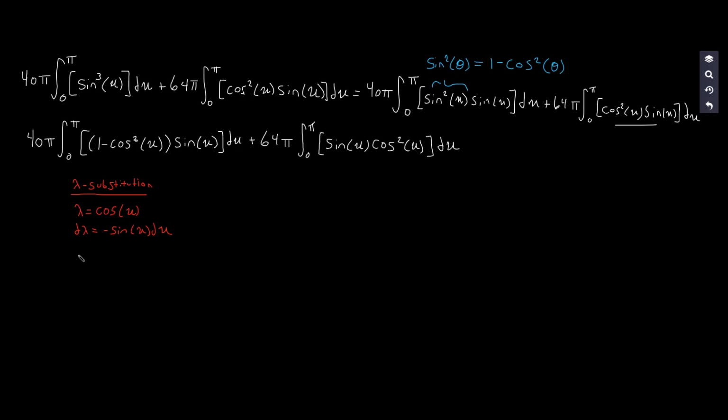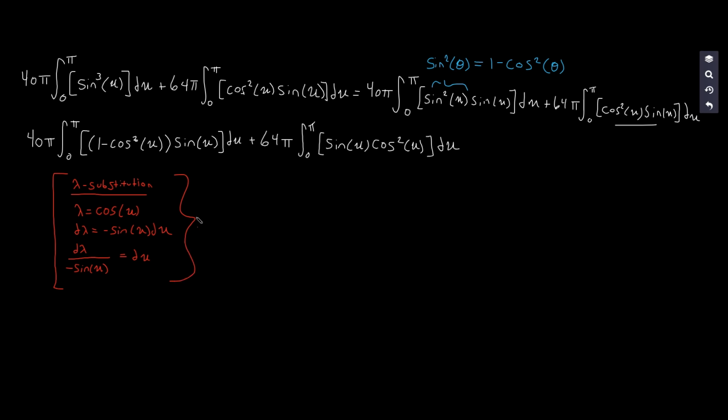That's okay, because we are going to take this d lambda and divide it by negative sine of u. Then on this side, we're just going to have du. That is looking pretty good, but it's a definite integral. Therefore, we have to evaluate this at its bounds of integration.